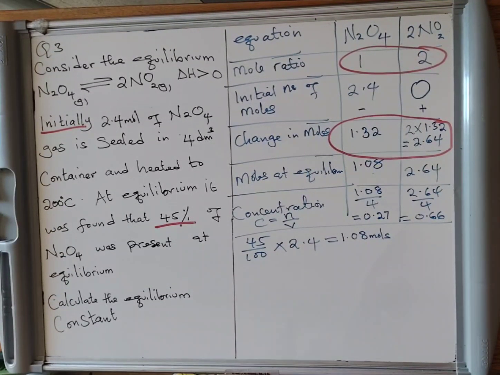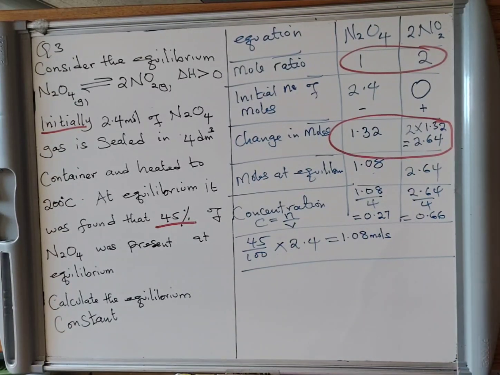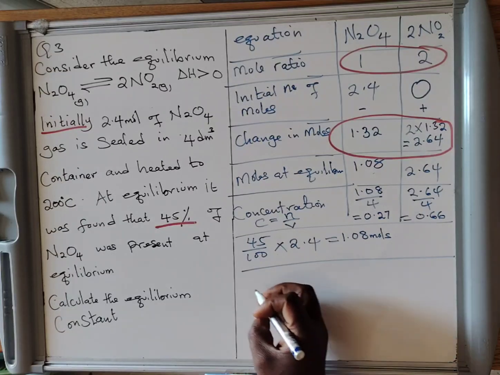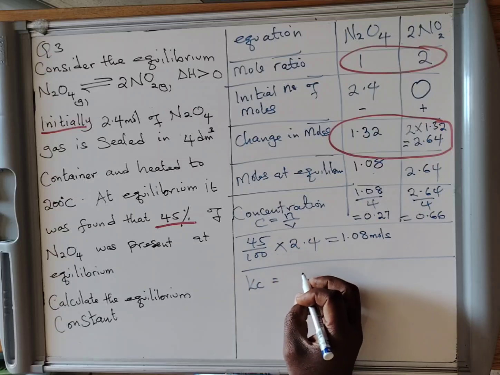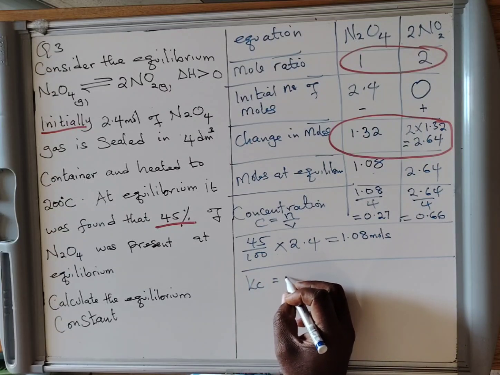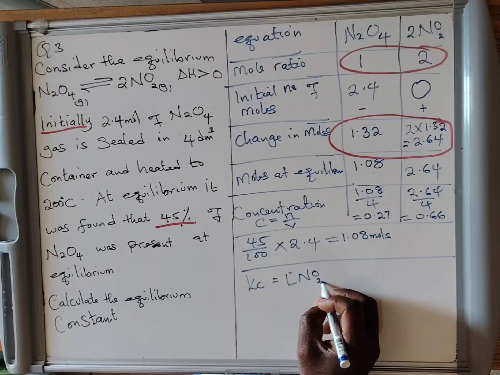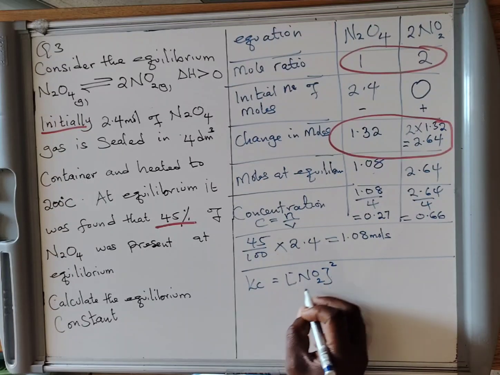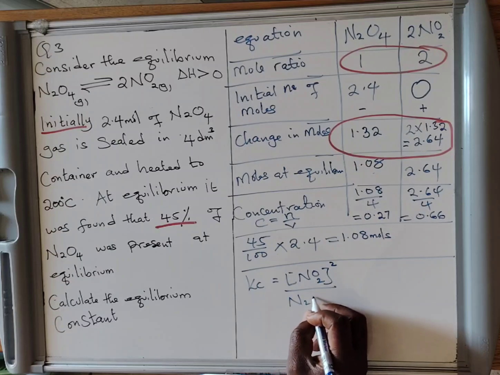After getting the concentration, we go to our expression. And what does it say? It says Kc is equal to the concentration of the product raised to its power over the concentration of the reactant.